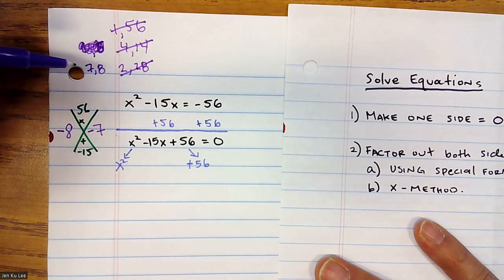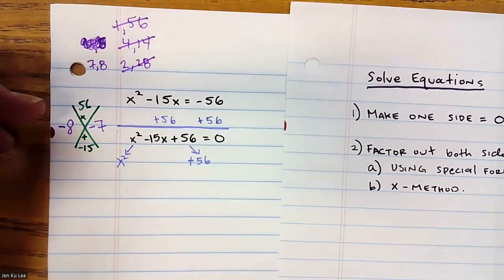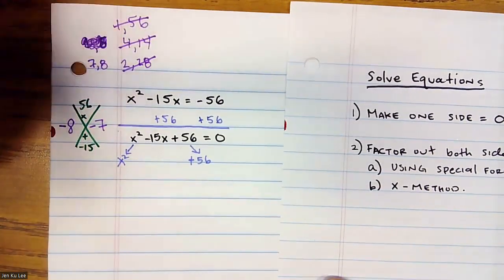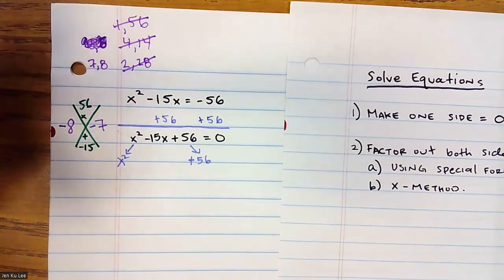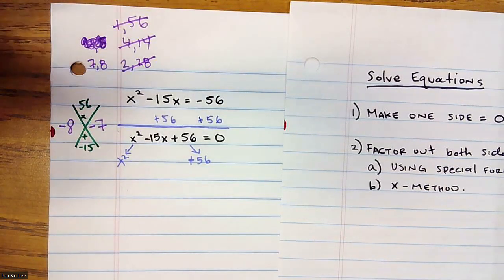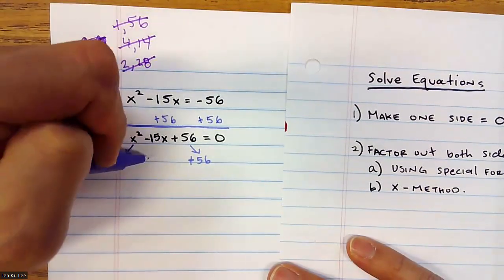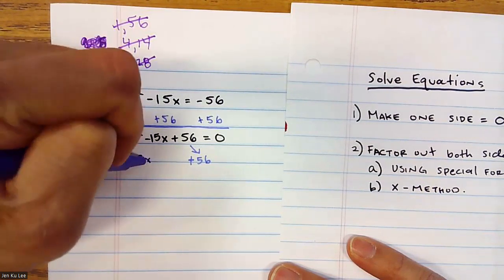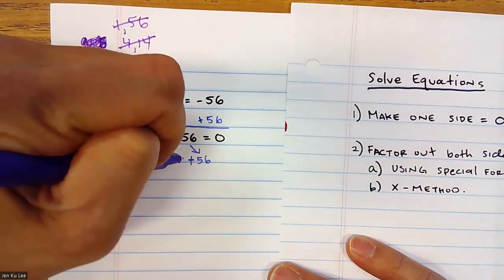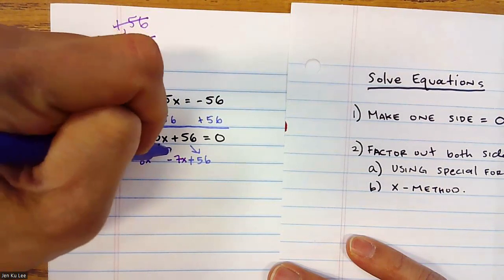That makes sense? These are only for the students who struggle with this X method. If you can get it right off the bat, then you're good. Keep doing what you're doing. So this is minus 8x minus 7x. This negative 15 breaks out to be that.